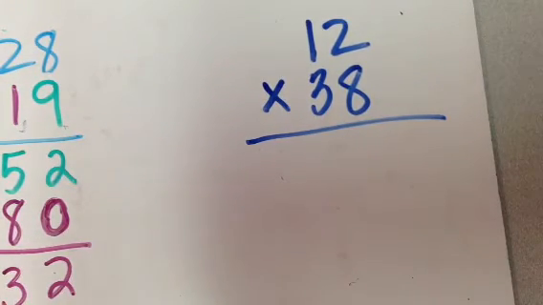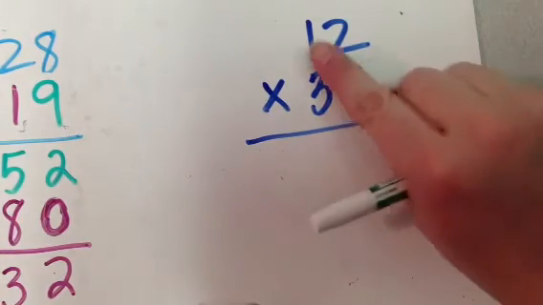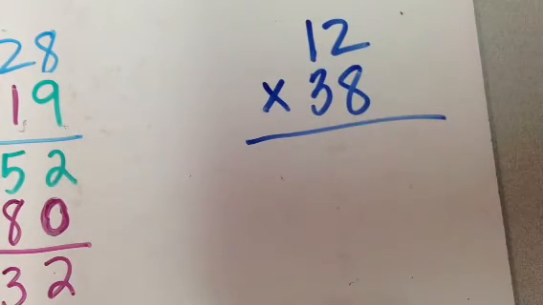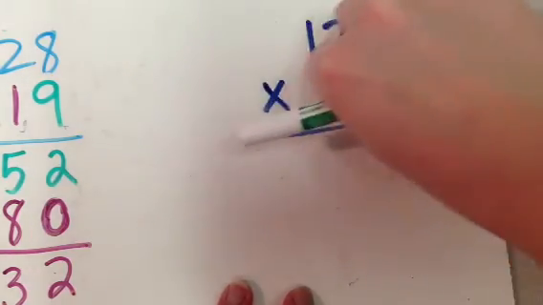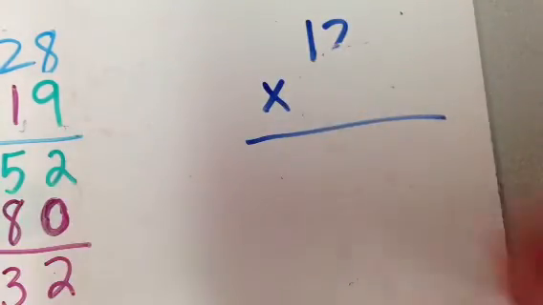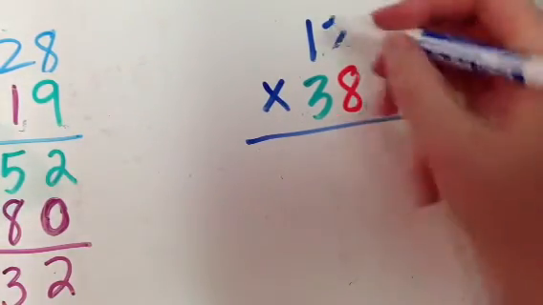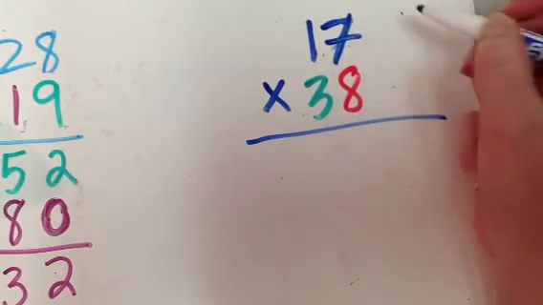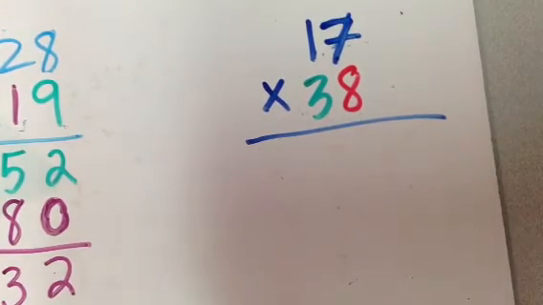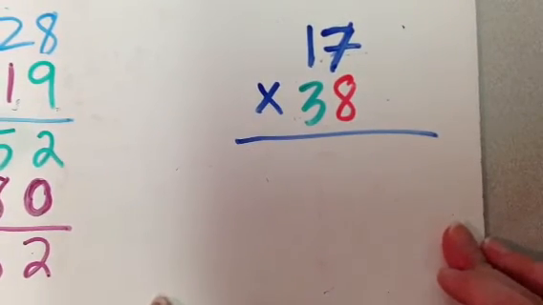Okay, so again, let me rewrite the 3. 38. Let me fix that. I think I changed the number. I don't remember what the number was beforehand. Let's do 17 times 38, okay?